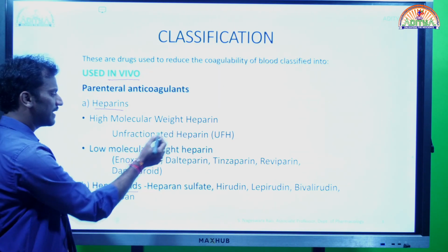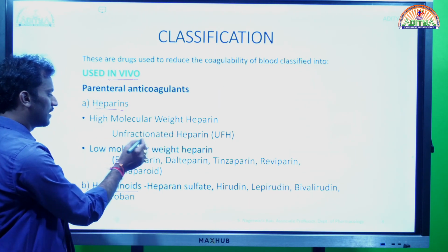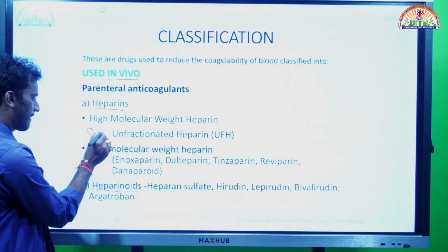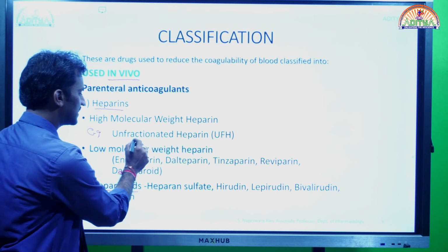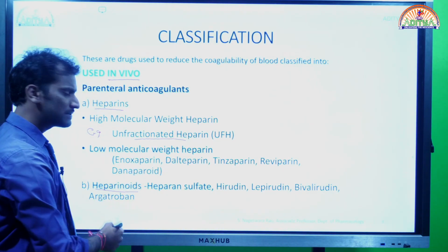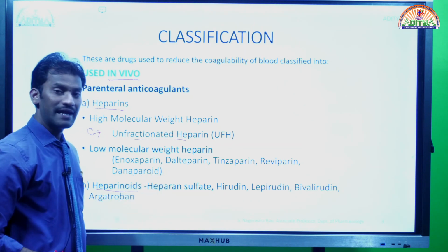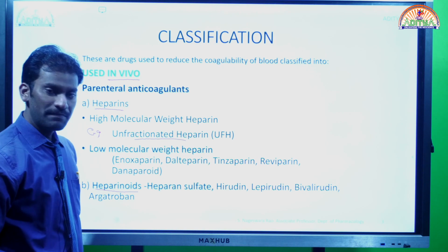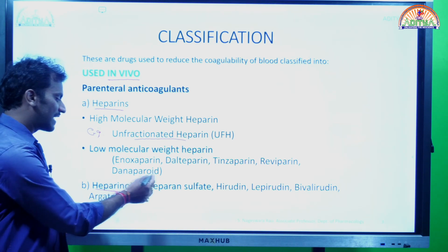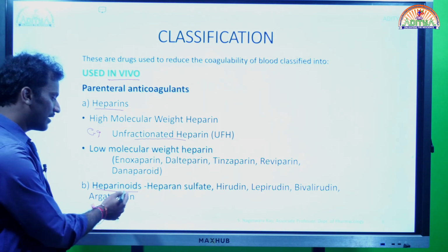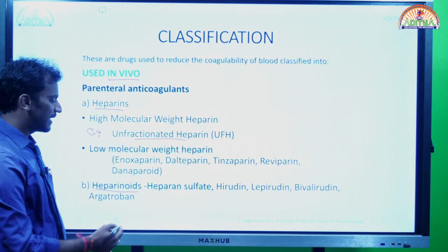High molecular weight heparin, for example, is unfractionated heparin, and low molecular weight heparin examples are enoxaparin, dalteparin, tinzaparin, reviparin, and danaparoid. Heparinoids are the derivatives of heparins.